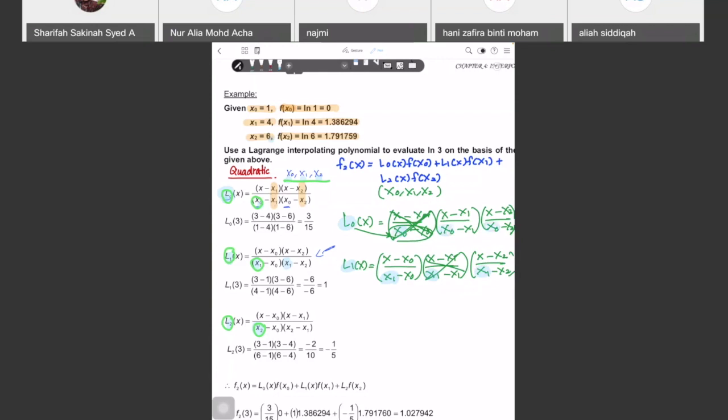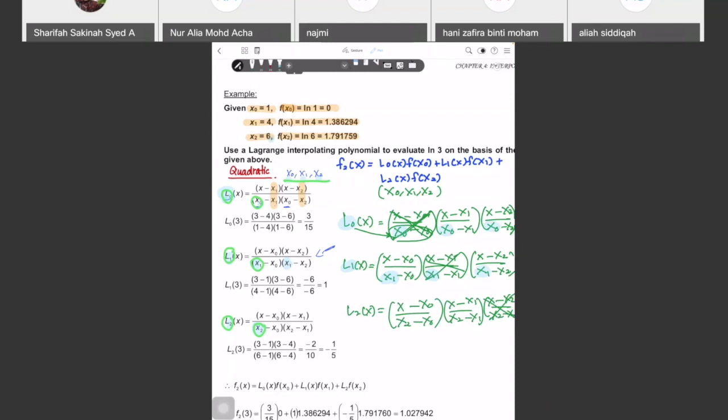Okay, finally L2. It will have x0 as x2. Then x2 minus x1. x2 minus x2 cancels. So that's why we have 2 terms.